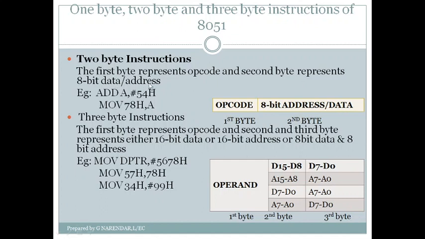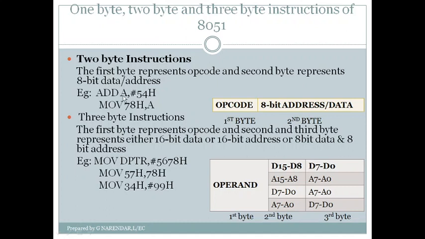So here we will go with two examples. One example, ADD A comma hash 54H. Here ADD is the opcode which specifies the addition operation, and you can come to the operand part.